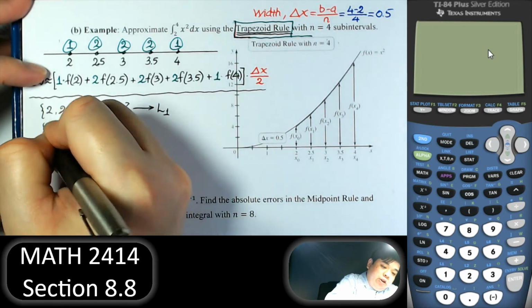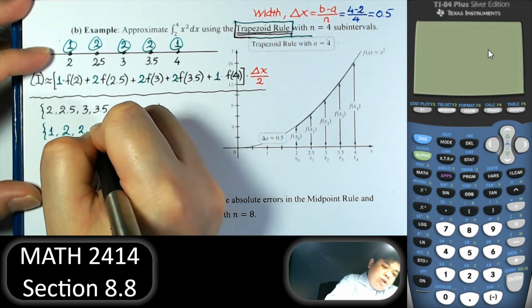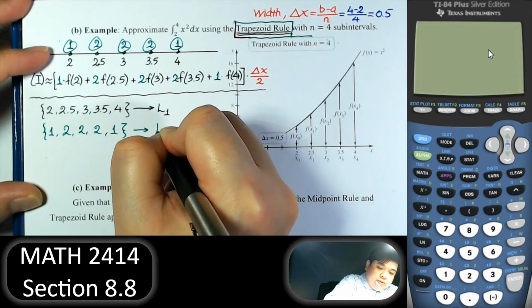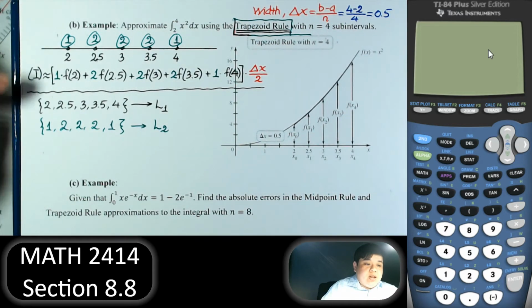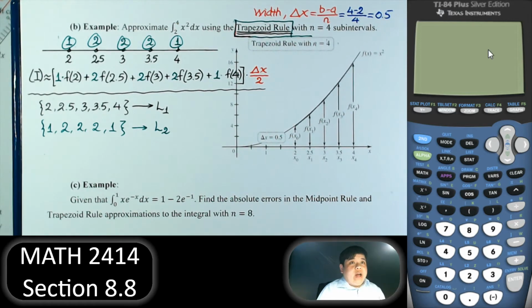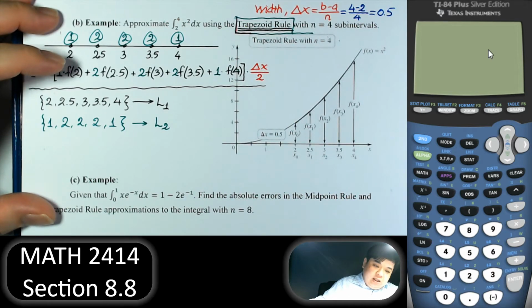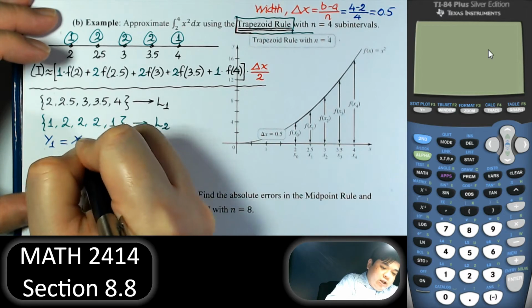So the coefficients are 1, 2, 2, 2, 2, and then 1. Store this into L2. Now we need two lists, one for the endpoints and one for the coefficients. After that, y1, the function, is equal to x squared.